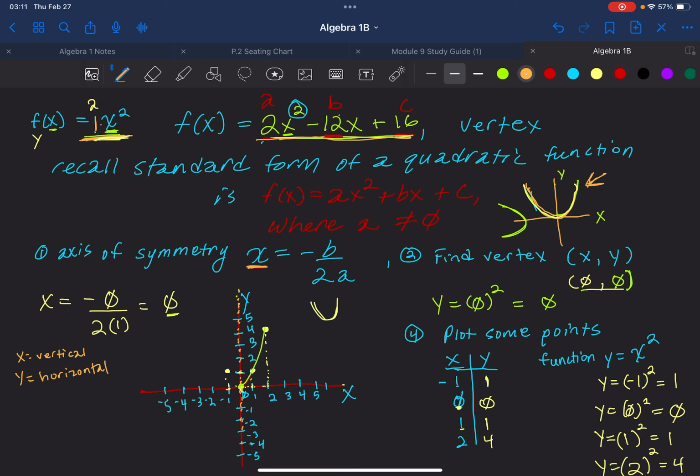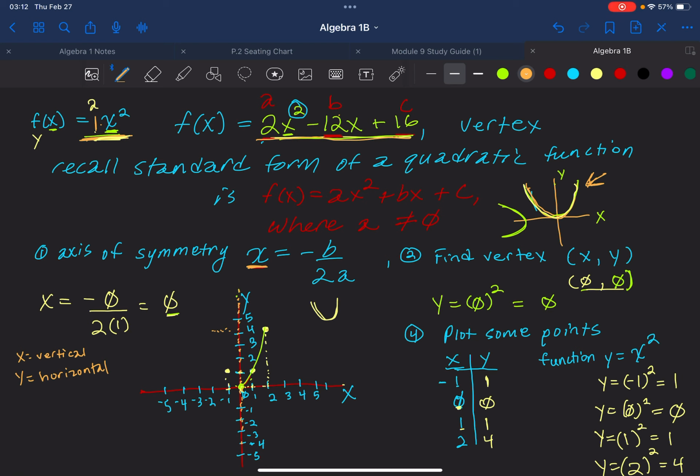If you notice, from the axis of symmetry, where there's a line going across the x-axis at 0, I just count over. So let's say I want to apply the extra point on the left side of my graph. Remember, because it wants to be symmetrical, it wants to be the same distance, same length on both sides of my graph from the axis of symmetry. So I just go from the middle of my graph, which is the axis of symmetry, and count the number of spaces that I go over to my plot.